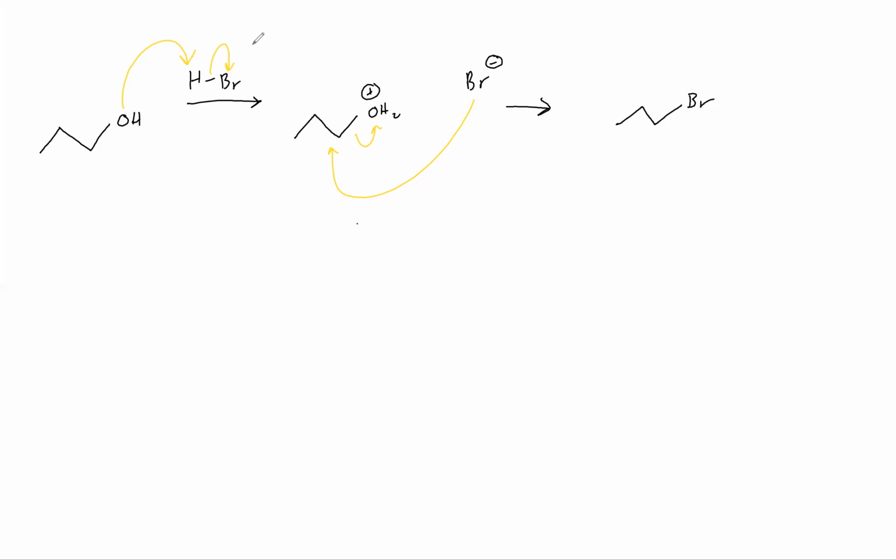For bromine, we would use something called PBr3. Let me quickly draw out PBr3. Sorry, my pen wasn't being registered. It's important for us to know the mechanism of this.